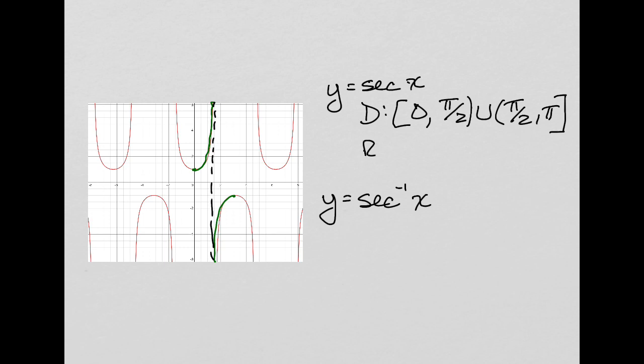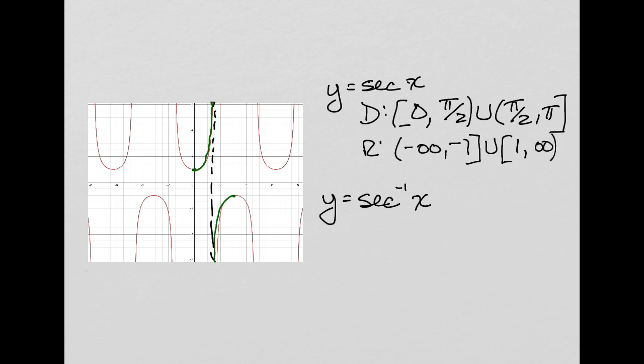The range is actually the same as the cosecant function. Infinity always gets round parentheses, of course, so I can do anything up to -1 and anything after +1.